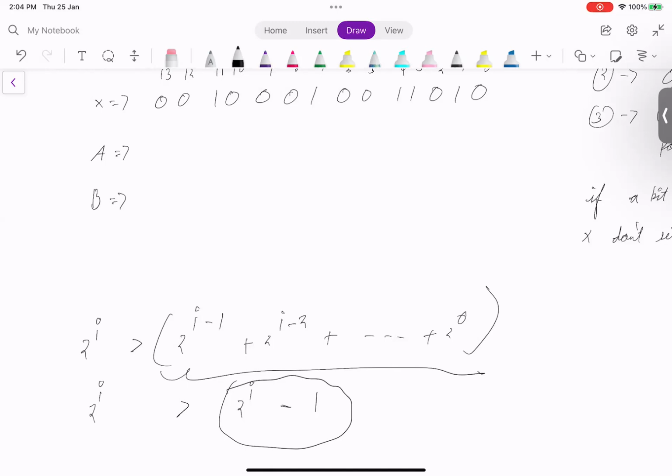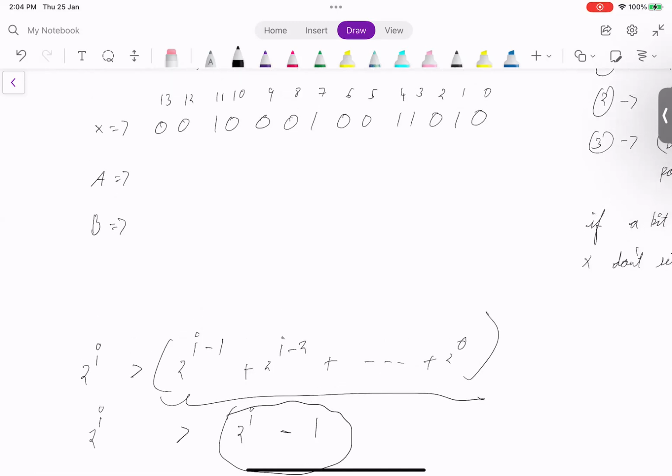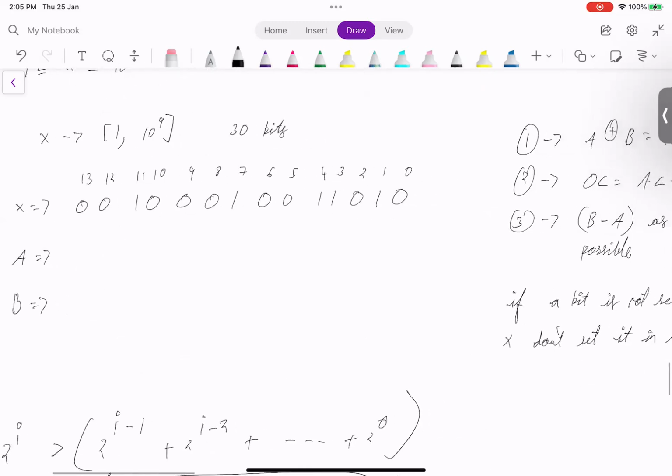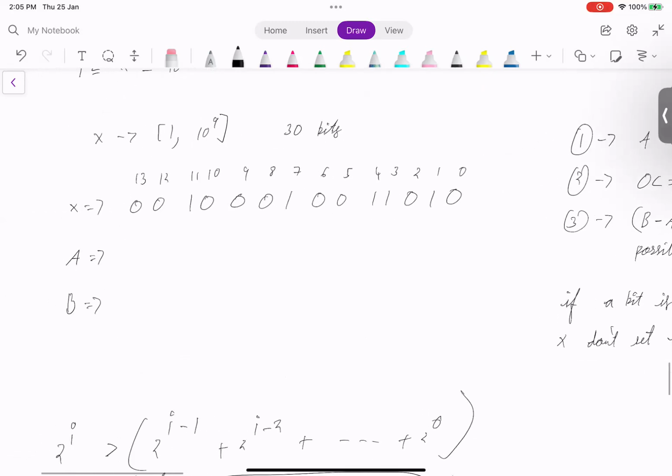From this, we could observe that setting 2 power i will contribute more value than setting all the bits lesser than 2 power i. So for the first condition to be satisfied, that is a OR b should be equal to x, wherever we have a set bit in x, that should be set in either a or b, but it shouldn't be set in both.